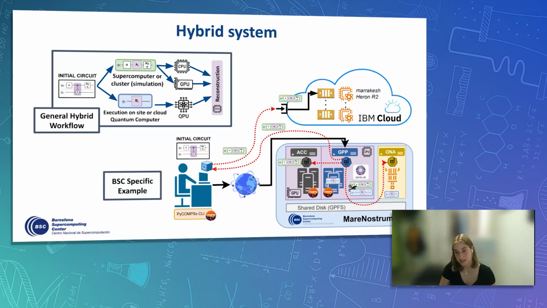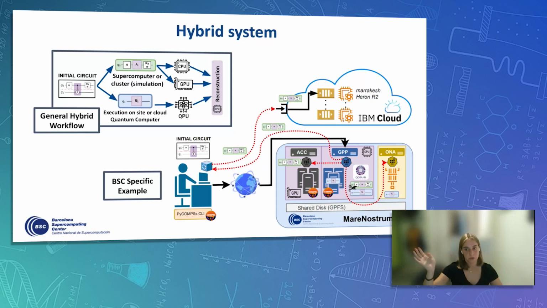Then we have the second constraint, which is that MareNostrum cannot connect to the outside, like it cannot connect to the internet. So we couldn't send the IBM cloud request, or send the execution of the subcircuits, from inside MareNostrum. So we had to send these subcircuits back to the user, and internally that's all done by the Qdislib, the user doesn't have to do anything.